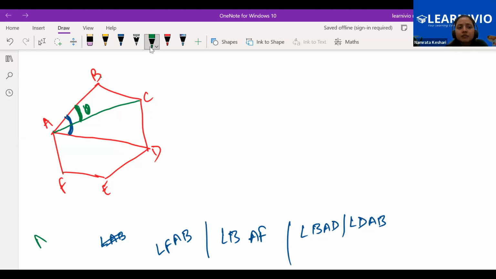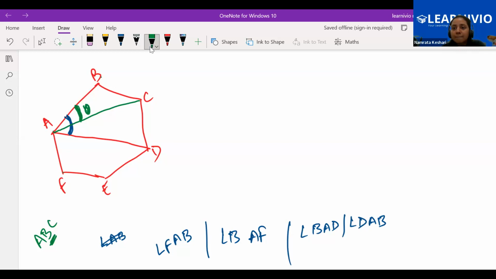ABC? B you are writing in the middle. B we are writing in the middle. Are we trying to represent B? No. Whatever we are writing in the middle, that angle only we are trying to represent, right?